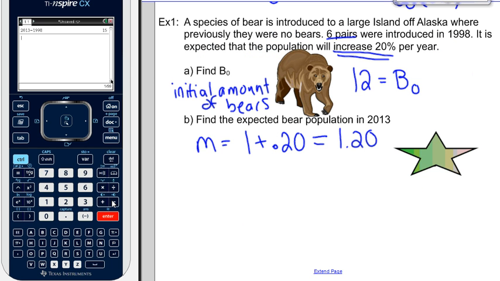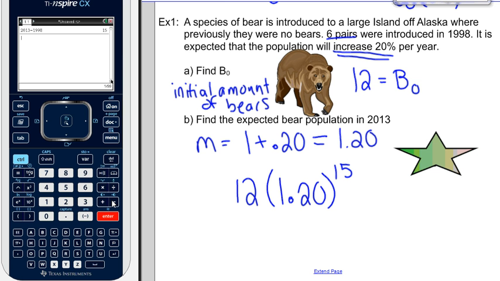Initially we had 12 bears. Our multiplier is 1.20, so that's telling us after each year it's going to increase by another 20% of growth, and we want that over 15 years.